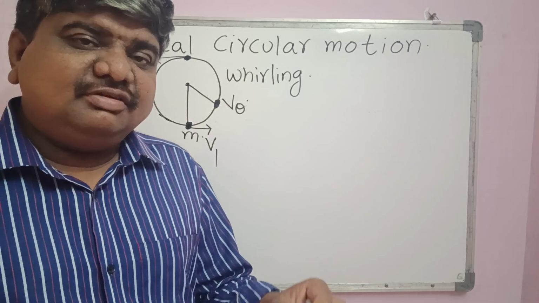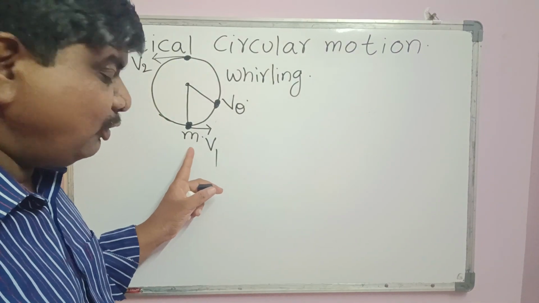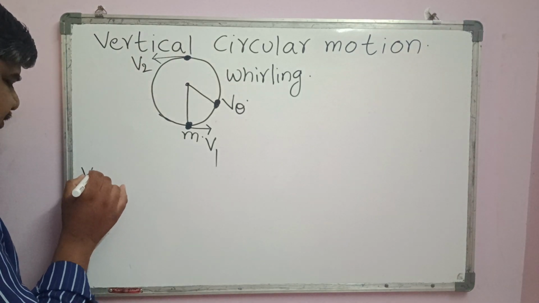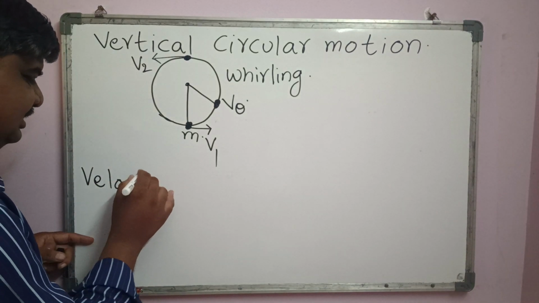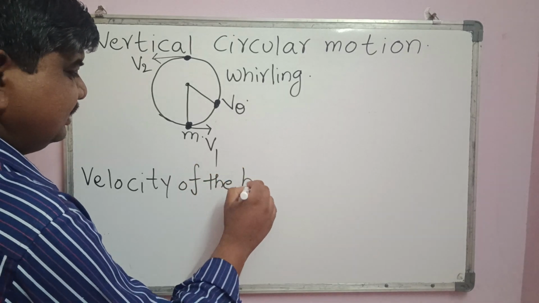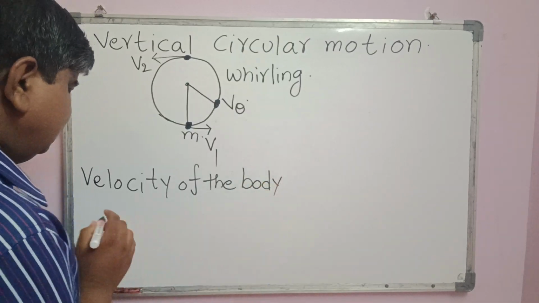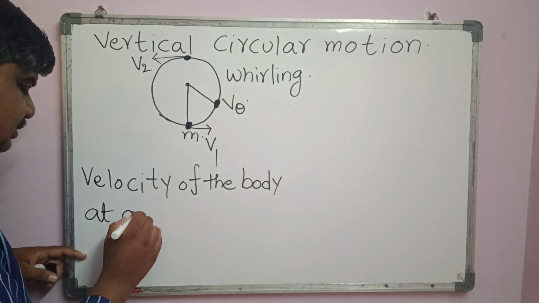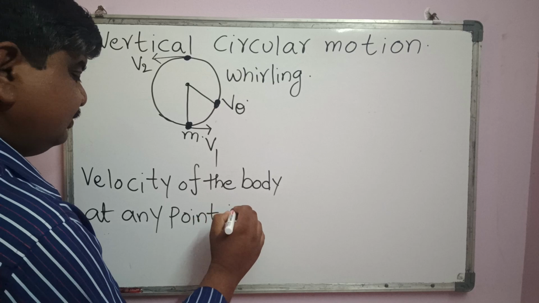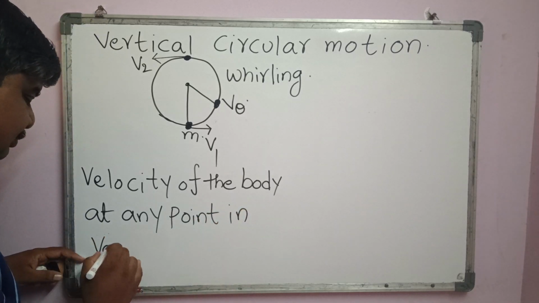Now we need to find out the velocity of the body which is connected, at any point in vertical circular motion.